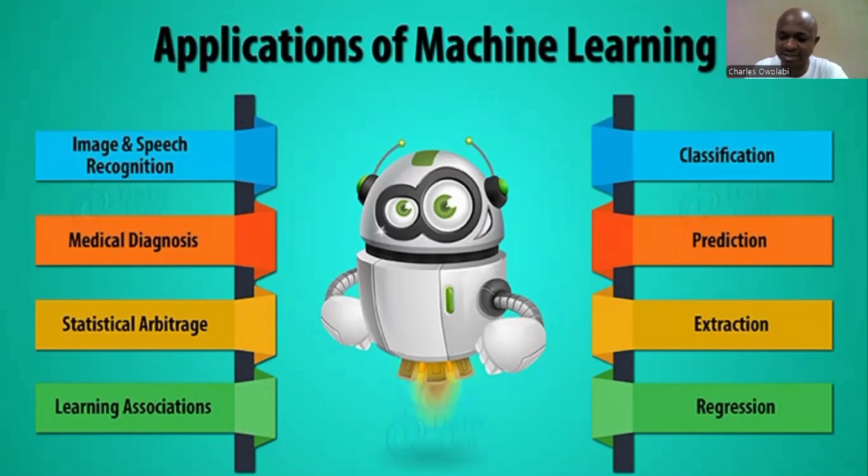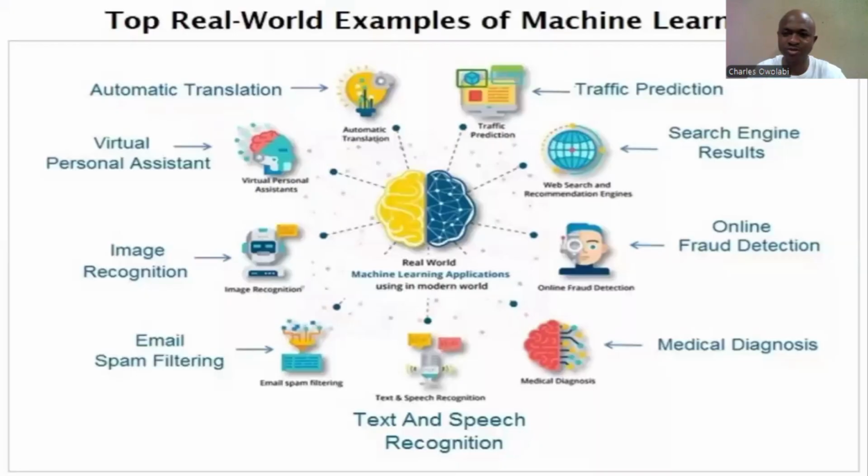As simple as it is said, it has a deep application in solving human problems, day-to-day problems in business, in manufacturing, in medicine, in education. And these applications are basically categorized as shown on the screen. It actually goes beyond that.